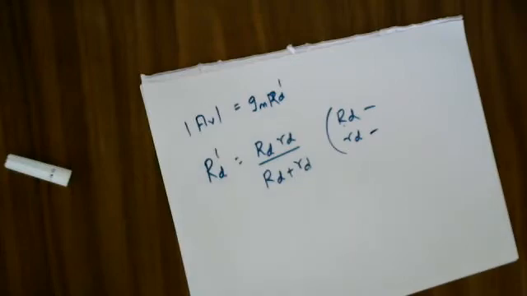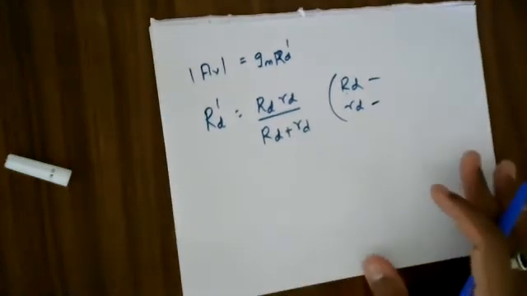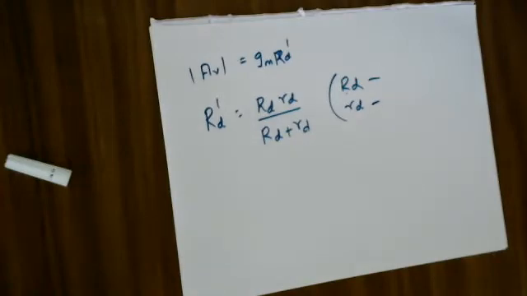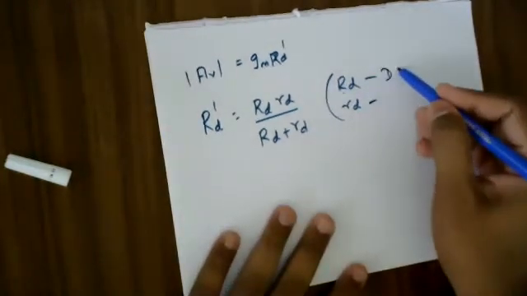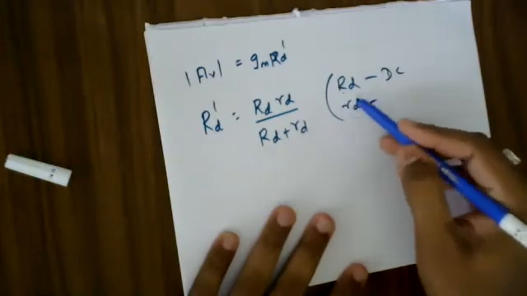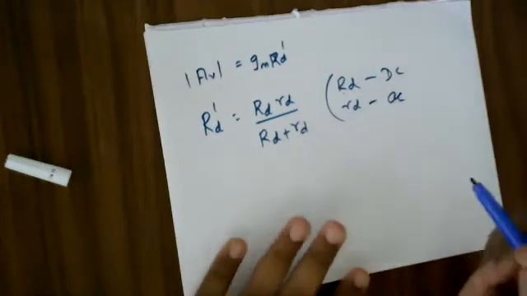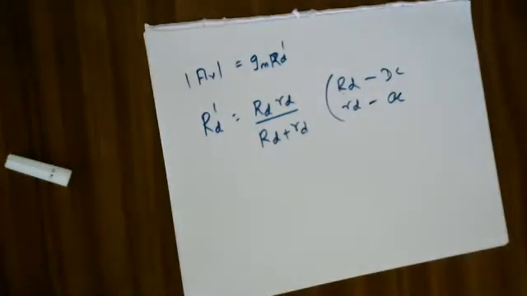Again, I want answers from the students attending this interaction. Yes, good Puja. So this capital RD is indicating your DC component and this small rd is indicating your AC component.